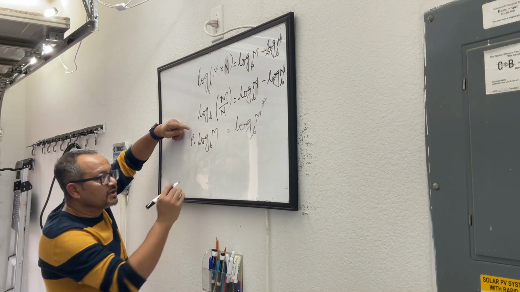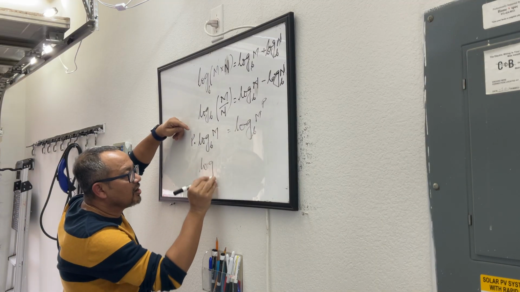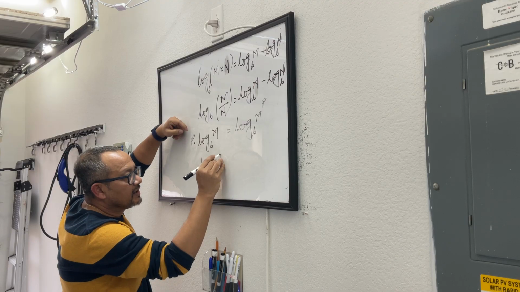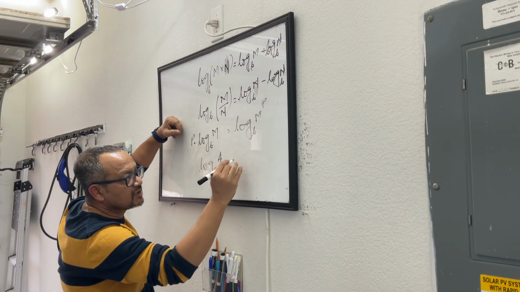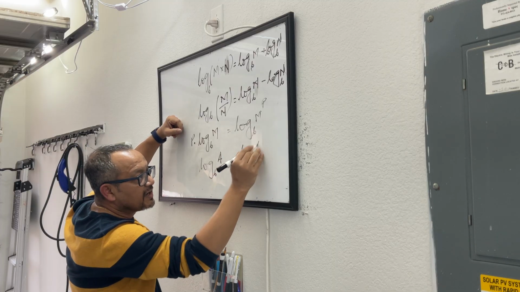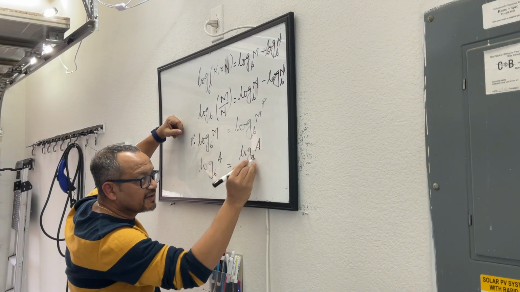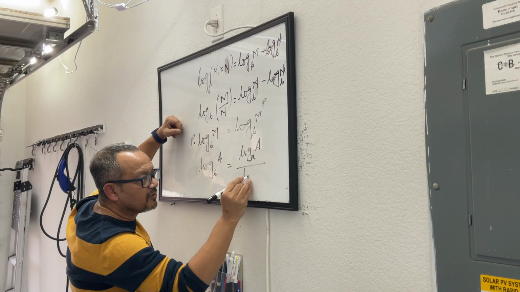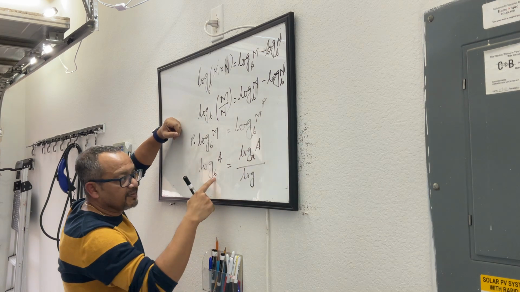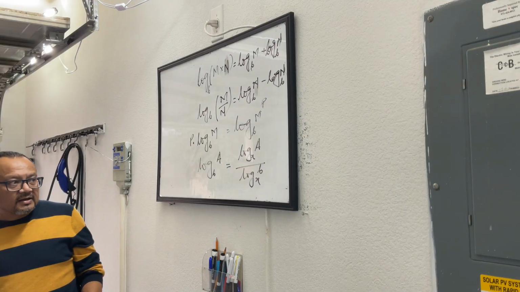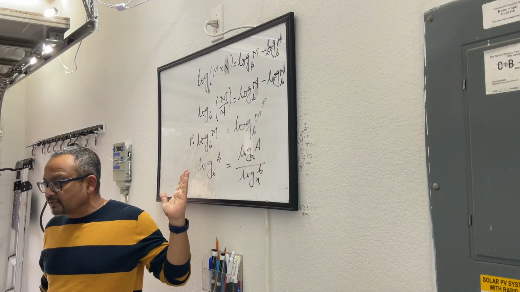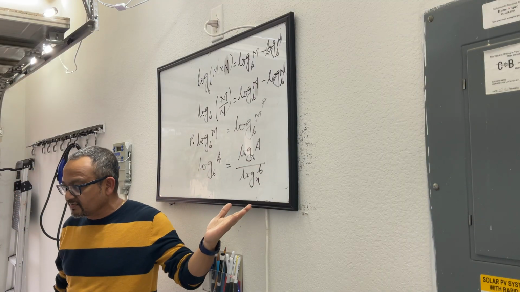And the fourth one is, if I have log of a base b, I can convert this into log of a base x divided by log of b base x. So this is the base change rule of logarithm, right?